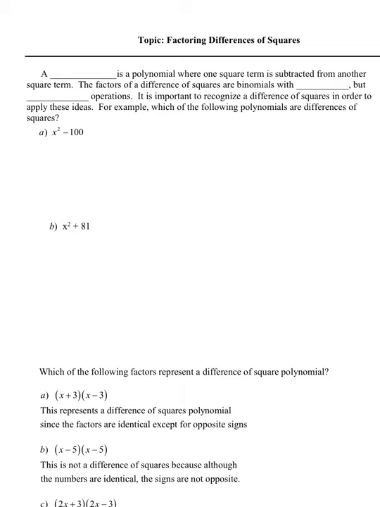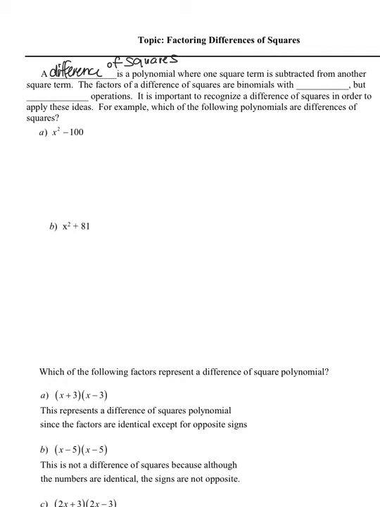A difference of squares is a polynomial that has a square term in it. Clearly I need to make my spaces bigger. What happens here is that we have a square term, a perfect square, that's subtracted from another square term.